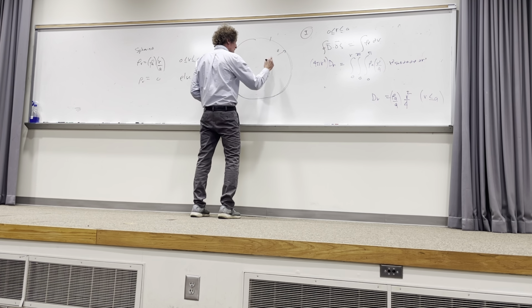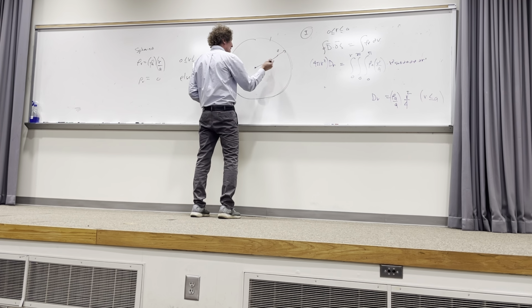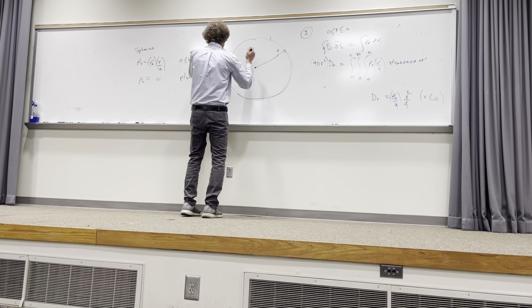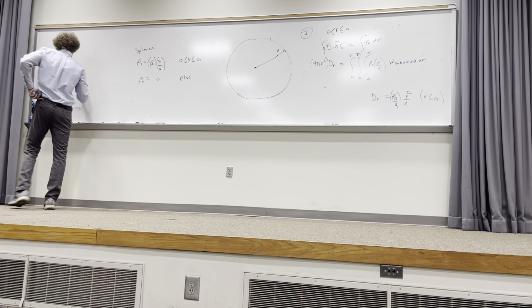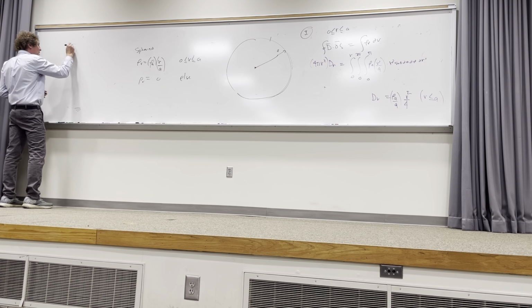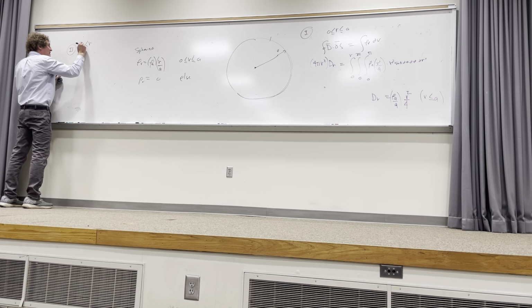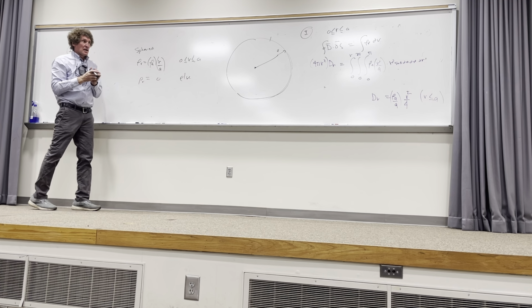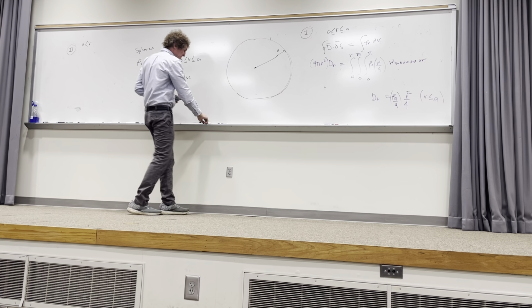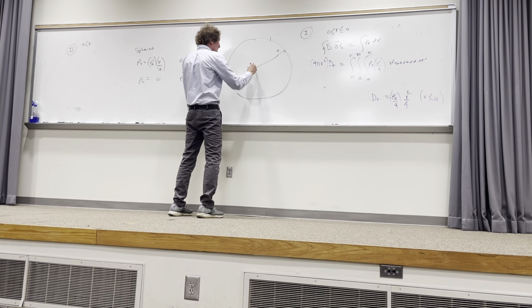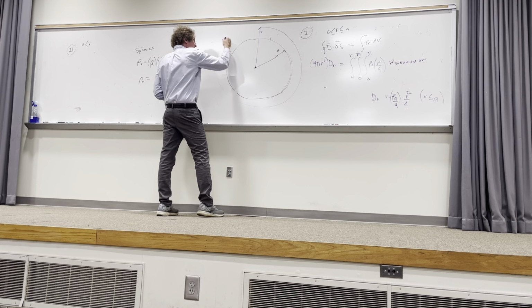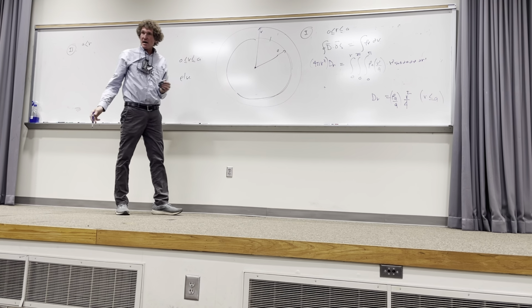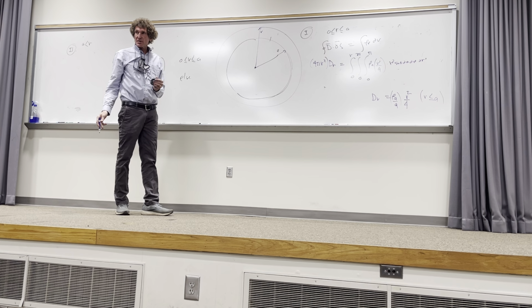So now when I'm in the second part, for r greater than a, I'm going to draw the Gaussian surface so you see it. Now I'm out here, and my Gaussian surface is outside the limits of where the charge exists. You all with me? Now this is so important.